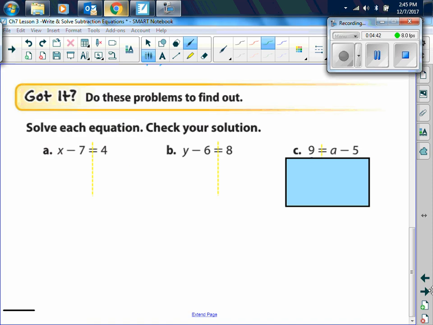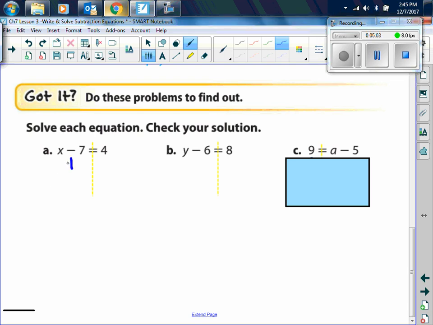So here, we have x minus 7 is equal to 4. We want to solve the equation, and we want to check our solution. So here, if I have x minus 7 equals 4, how am I going to get that x by itself? By adding. Yes, we are going to add.